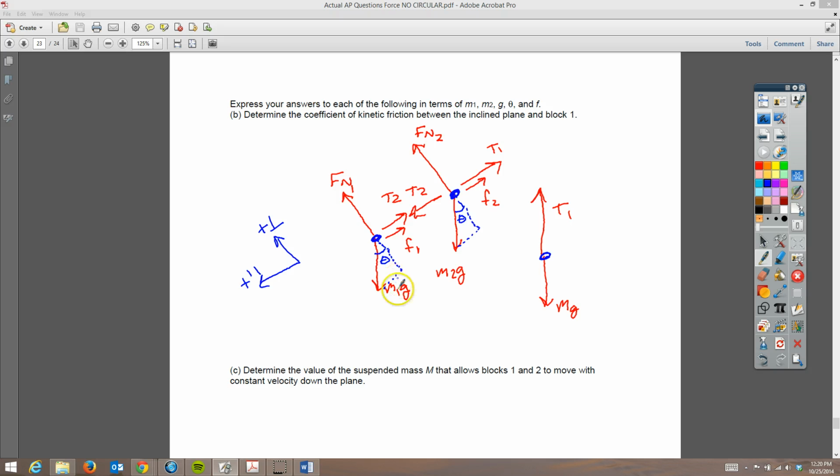So this bottom side is going to be M1G sine of the angle. This side right here is adjacent, so it's M1G cosine of the angle. We have this side, which is going to be M2G. Remember, it's opposite of the angle, so it's sine of the angle. And then we've got M2G cosine of the angle.